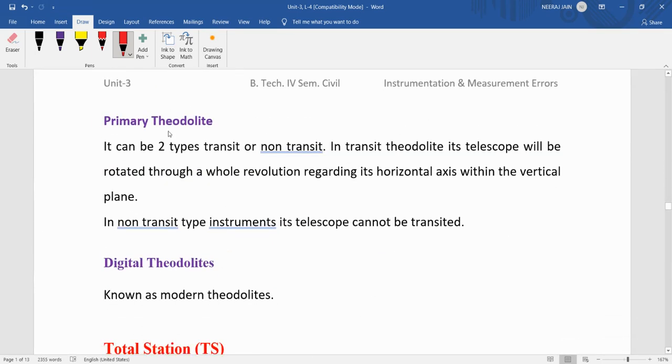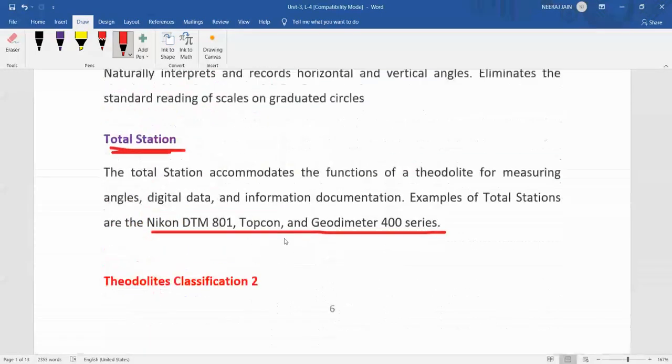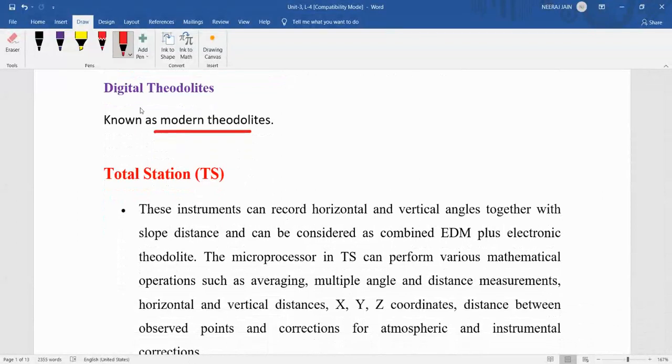Secondary classification: like primary theodolites, these can be transit or non-transit type. Transit means it can make a complete revolution. Non-transit is not used presently. Digital theodolites are the modern type of theodolites. The improved version of the theodolite is the total station.